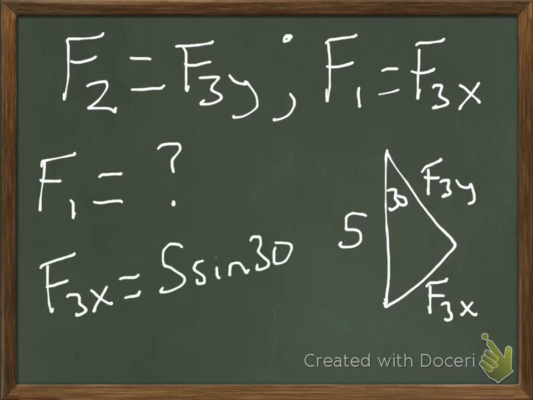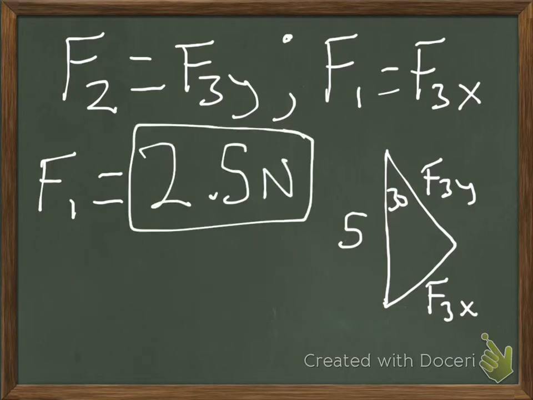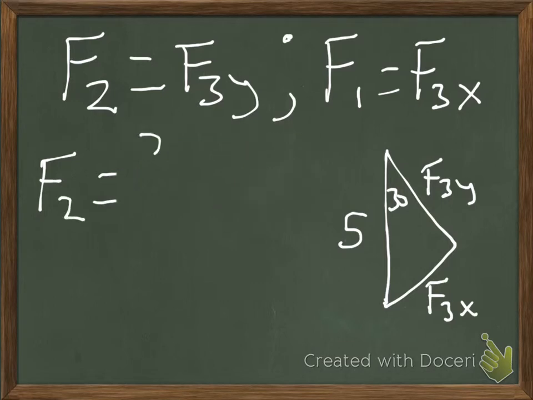Rewriting it, solving for F3x, F3x is equal to 5 times the sine of 30, which is 2.5 newtons. If you don't believe me, you can plug that into your calculator. So if F3x is equal to 2.5 newtons, then F1, the force that we're trying to find, is also 2.5 newtons.